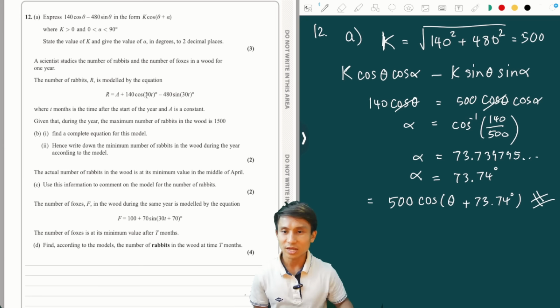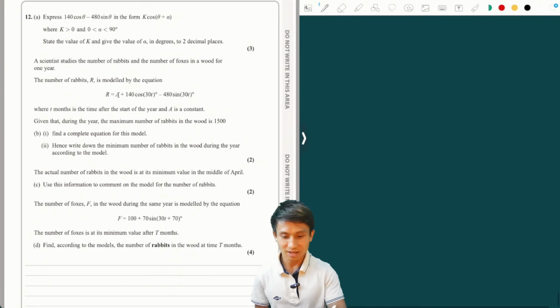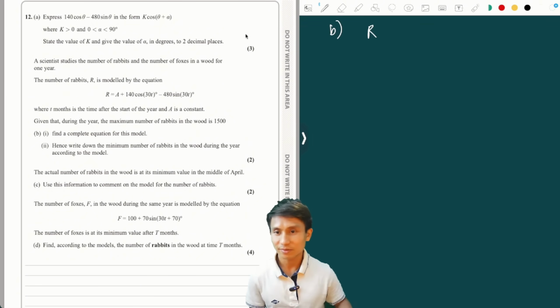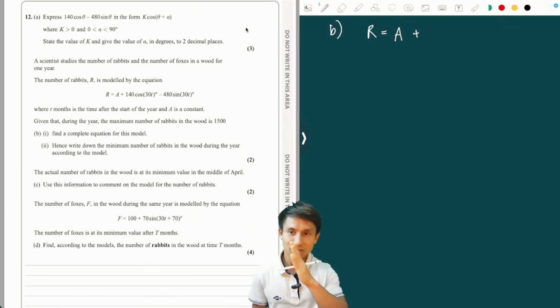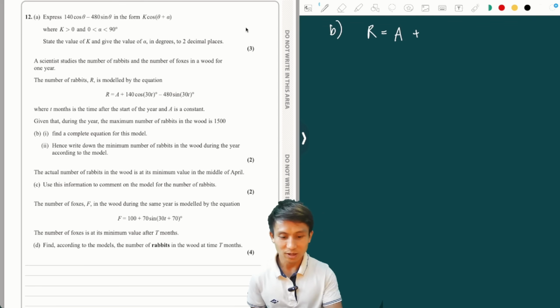So if we were to change the relevant part here to a harmonic form, we've got to not look at A for the time being. So I'm just saying that the R function here is just A plus, if we change just the relevant part there to a harmonic form, it would have been 500 cos of theta, which is actually 30t.